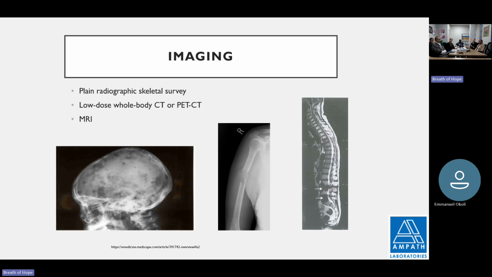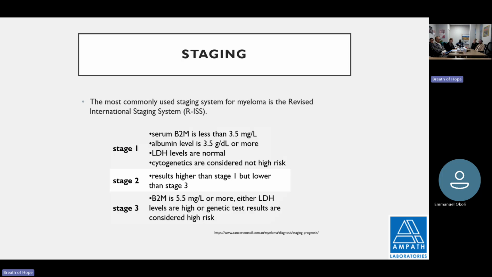It's very important to do your bone scans. For the doctors who assess these patients for treatment, we use the revised international staging system, and that's why the beta-2 microglobulin and albumin and LDH, together with your cytogenetic markers, are important, because they will classify these patients into stage 1, stage 2, and stage 3.